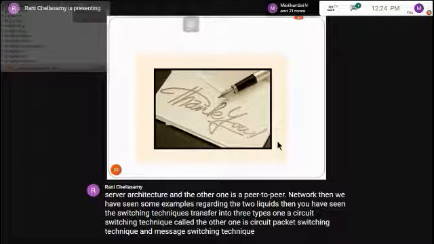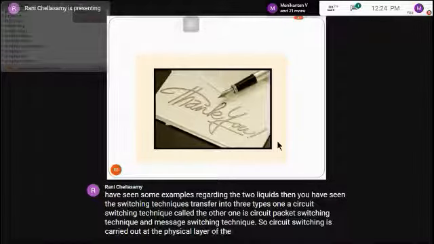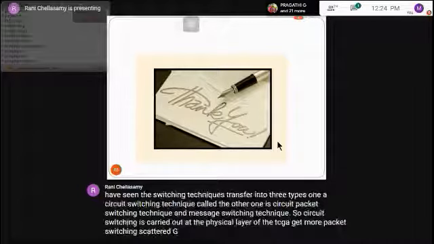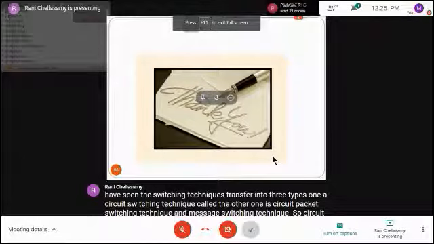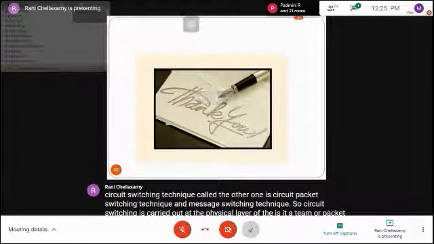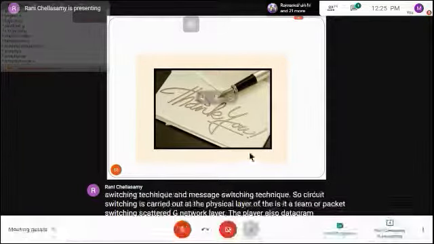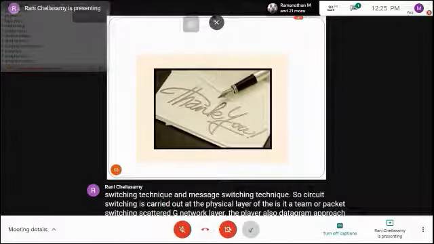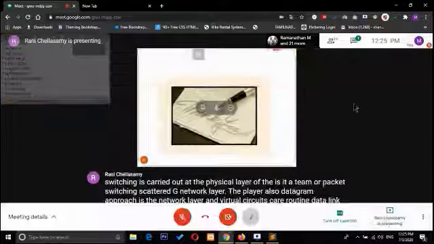Circuit switching is carried out at the physical layer of the TCP/IP model. Packet switching is carried out at the network layer and data link layer. The datagram approach is carried out at the network layer, and virtual circuit at the data link layer. Message switching is carried out at the application layer of the TCP/IP model.